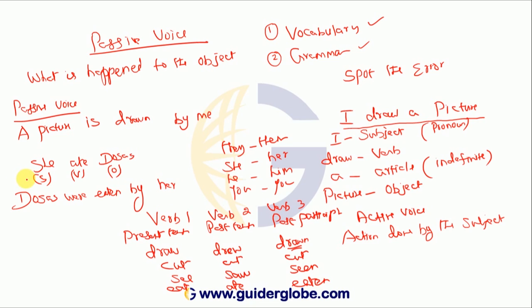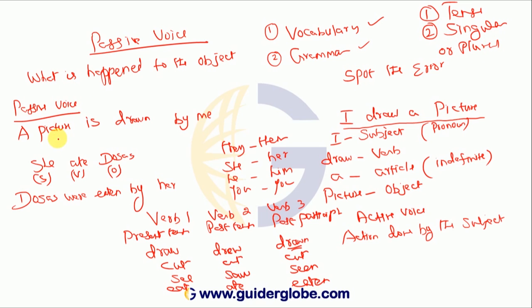We must see what are the things we have to see. One: tense, whether the incident occurred in present tense, occurred in past tense, or is going to occur in future. Tense, subject, object, everything singular or plural, that you must see.